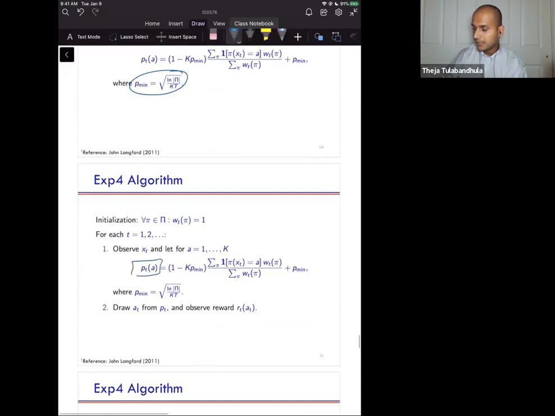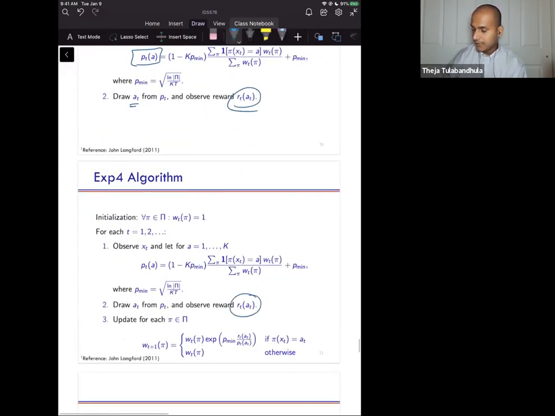And once you make this probability mass function, you just draw an action, and you get a reward because you took a certain action. Now, given this reward, as we were discussed earlier, you use this reward to update to the next weight. So for each policy pi, let's say pi is generic for e1, e2, e3, e4, you played add a2, and so you would update the weights for the policies e1 and e2 with some renormalization.